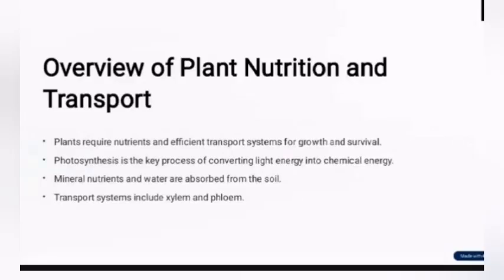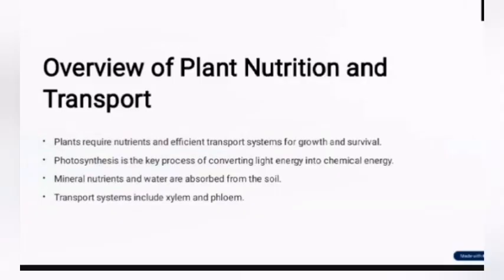So I repeat, photosynthesis is the entire process by which plants, algae, and some bacteria convert light energy, energy from the sun, into chemical energy. When we talk about chemical energy, we are talking about carbohydrate, to be more specific, glucose. Chemical energy is in molecules and compounds.